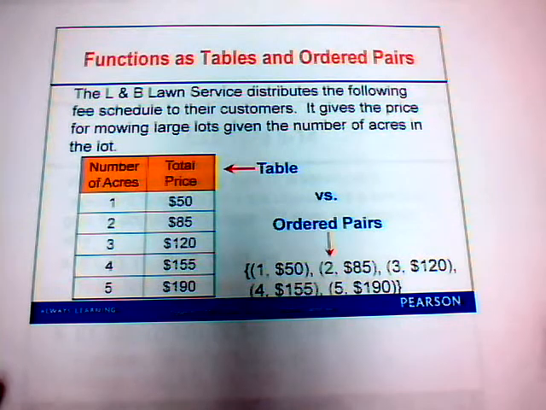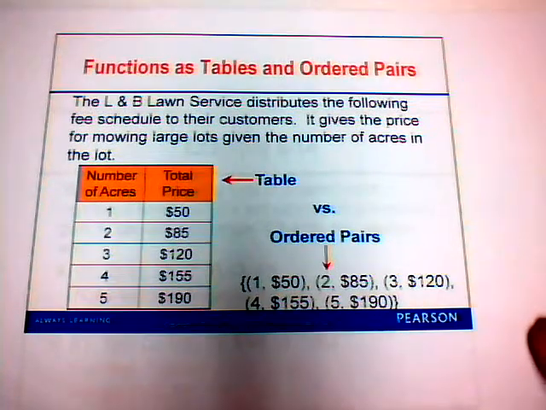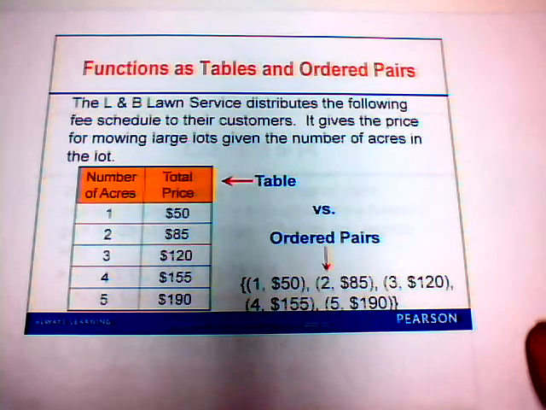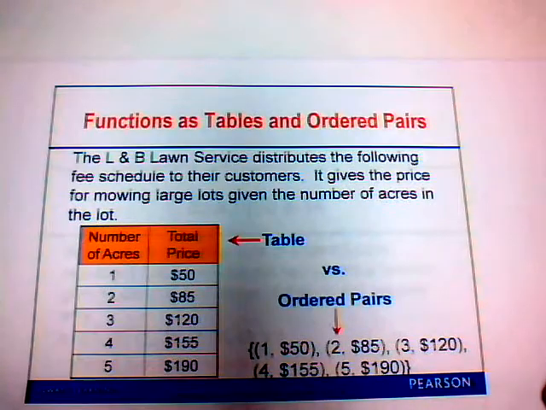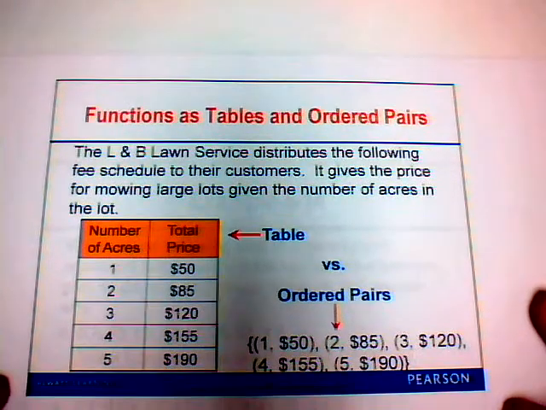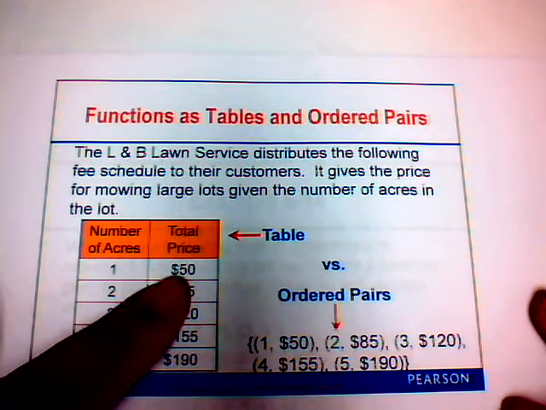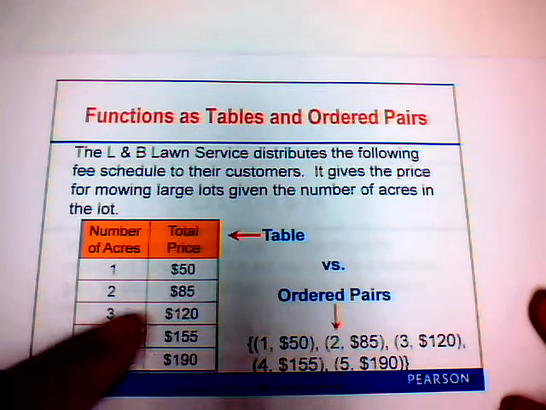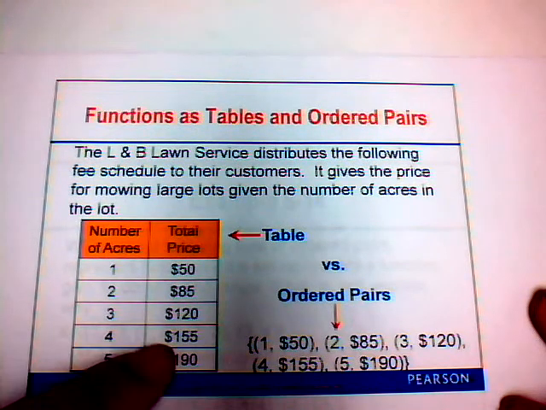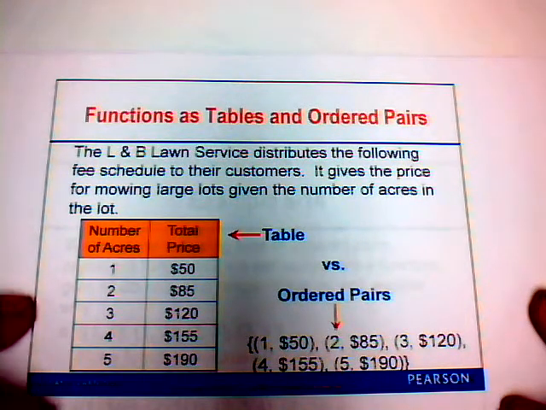We'll look at functions as tables and ordered pairs. The L&B Lawn Service distributes the following fee schedule to their customers. It gives the price for mowing large lots given the number of acres in the lot. So here we can represent this as a table where 1 acre is $50, 2 is $85, 3 acres is $120, 4 acres is $155, 5 acres is $190.